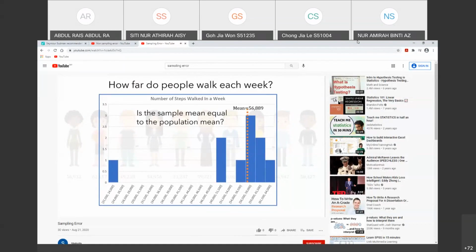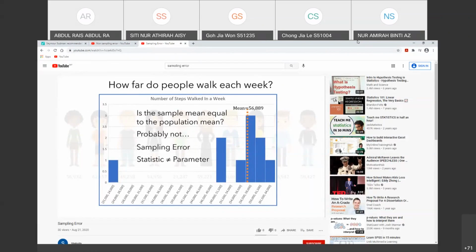Is this sample mean equal to the population mean? The answer is, well, we don't know, because we don't know what the population mean is. We don't have data from the entire population. But it seems unlikely that this sample mean would be exactly the same as the population mean. And this phenomenon is called sampling error, because the sample statistic is not equal to the population parameter.